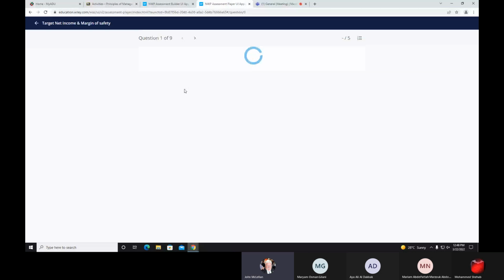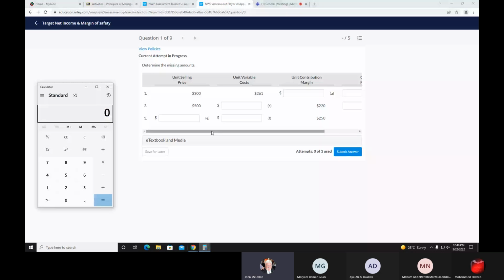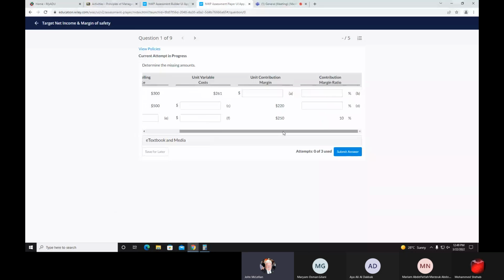Read the question. First of all, simple calculations. Unit selling price, unit variable cost, contribution margin, and if you move over, Mohammed, you have the ratio. Now you have to get the contribution margin. Remember, the ratio is a percentage of sales.